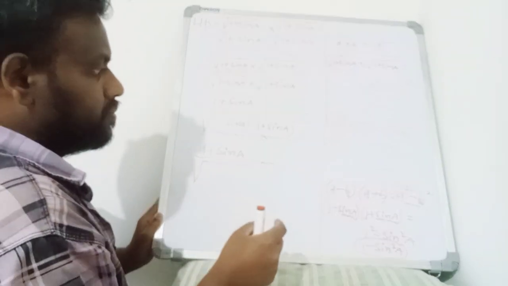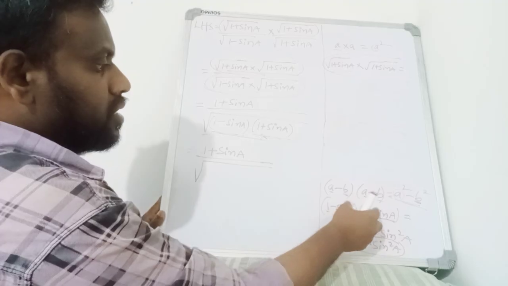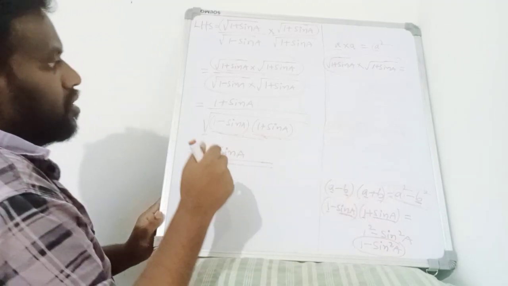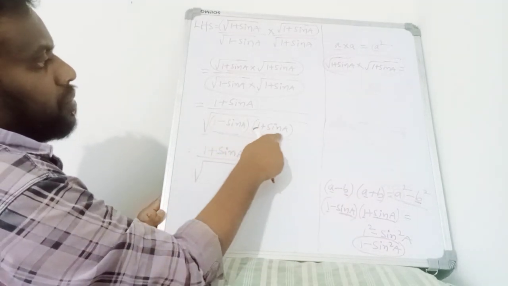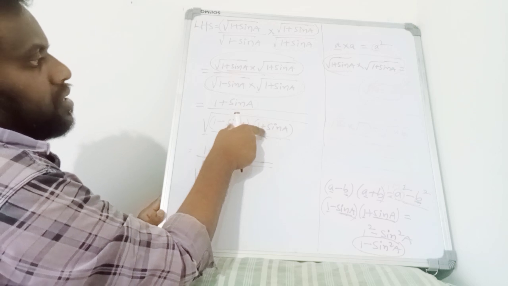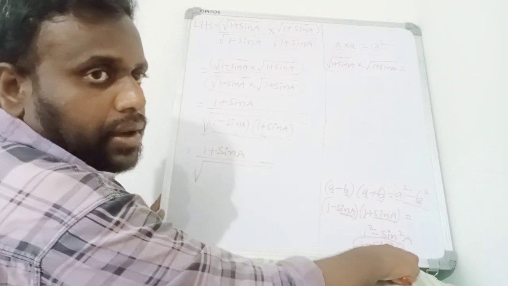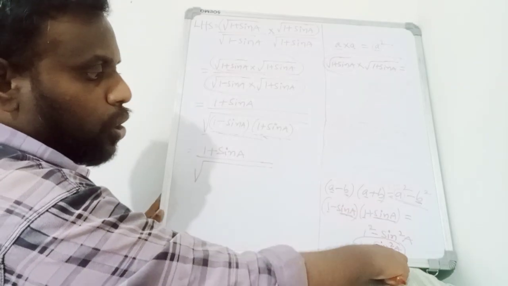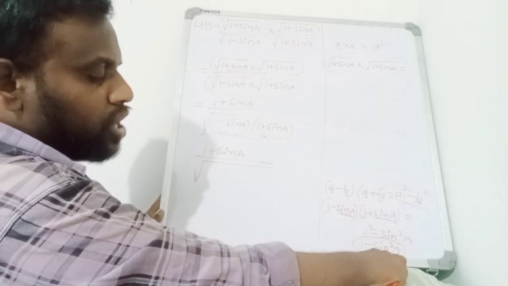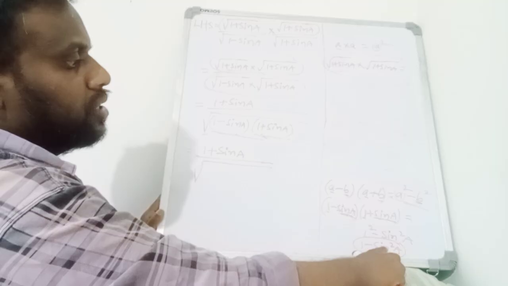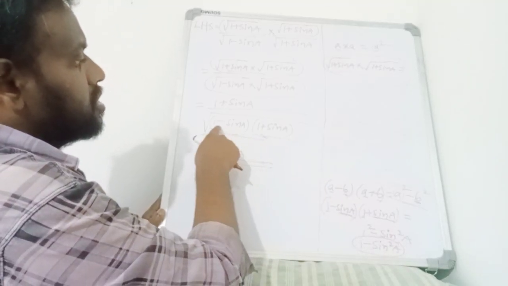See, we got this is equal to this. So 1 minus sin A into 1 plus sin A. In this place, I will write 1 minus sin square A, because we calculated how we got it. You just now saw how you got this after simplifying.